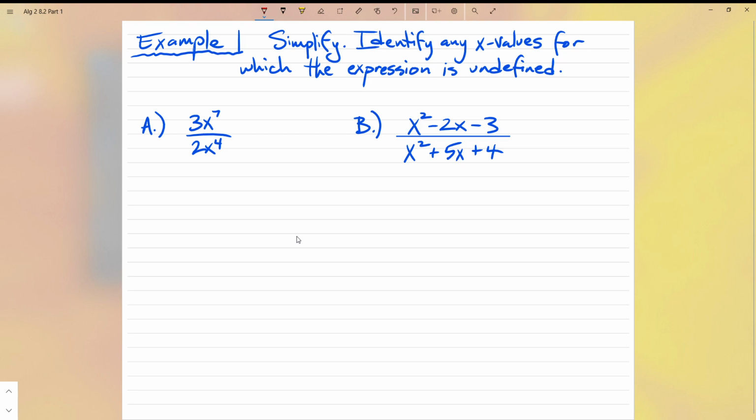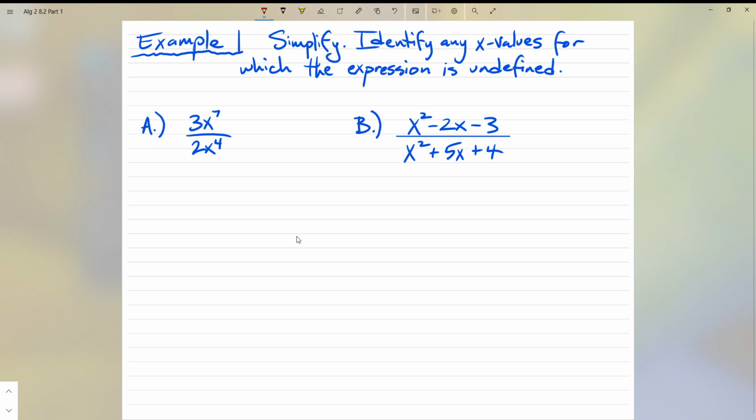So on the left here, we've got 3x to the 7th over 2x to the 4th. We've got a monomial on top and a monomial on bottom, so everything is technically being multiplied together. It's all one big thing, which means you're allowed to cancel anywhere from top and bottom. When I look at this one, I see the x to the 7th and the x to the 4th. They're like terms, so they can reduce.